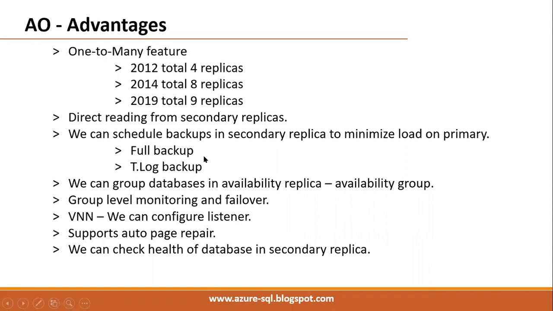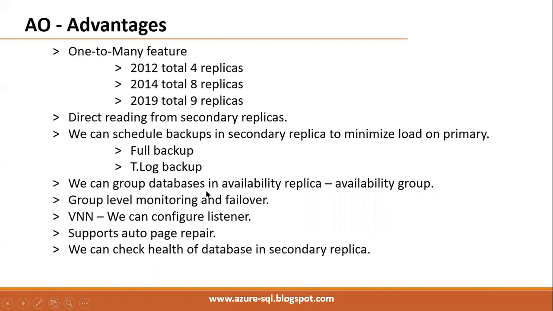Two types of backups are possible here: full and transaction log backups. Full backup we can take with the copy only option, and we can directly take the log backups. In primary replica, all types of backups are possible. Only these two types of backups in secondary replica.